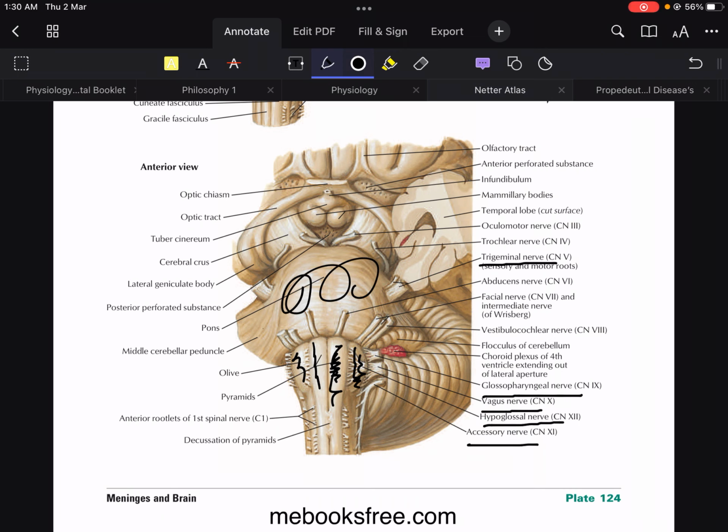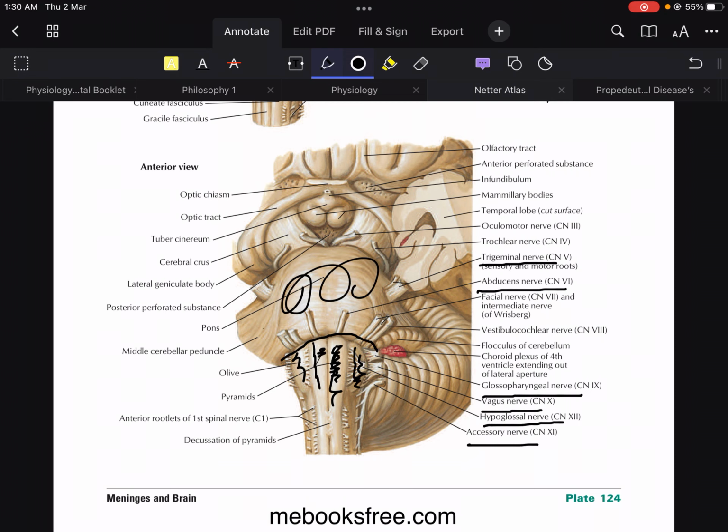That's why it's very important for us. The trigeminal nerve exits from the anterior part of the pons. The sixth one is the abducens nerve, which exits from the lower border of the pons and the pyramid of the medulla oblongata.